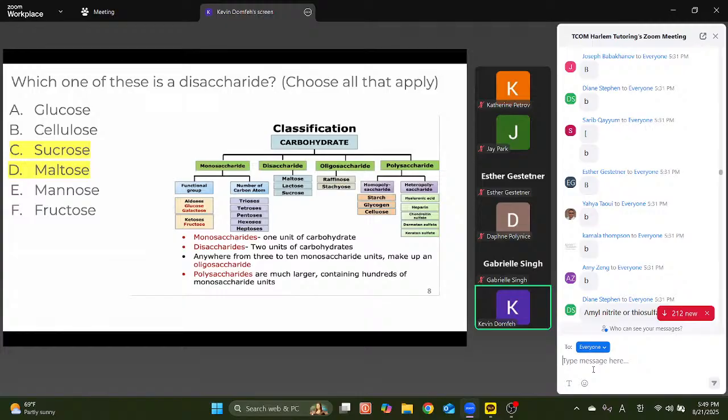Yeah, exactly. Mannose is an epimer of glucose, right? Did you guys go over what epimers are? I'm pretty sure, according to your slides. Okay, good. I don't want to confuse you guys with terminology. Glucose is a monosaccharide, one sugar, right? Cellulose is considered what?